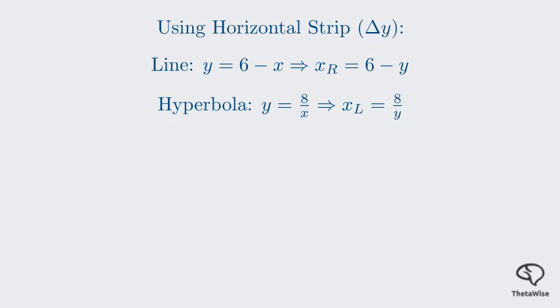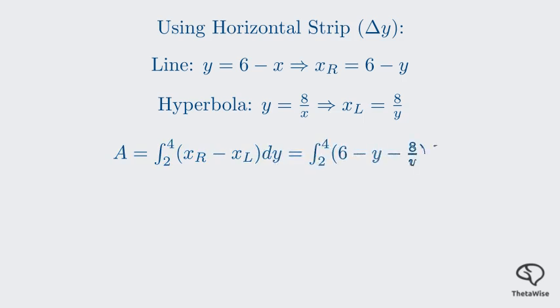We can see from the graph that for any horizontal strip, the line x equals 6 minus y is on the right, and the hyperbola x equals 8 over y is on the left. So, our integral is the integral from y equals 2 to y equals 4 of 6 minus y minus 8 over y, all with respect to y. This is exactly the same integral as before, just with y instead of x.